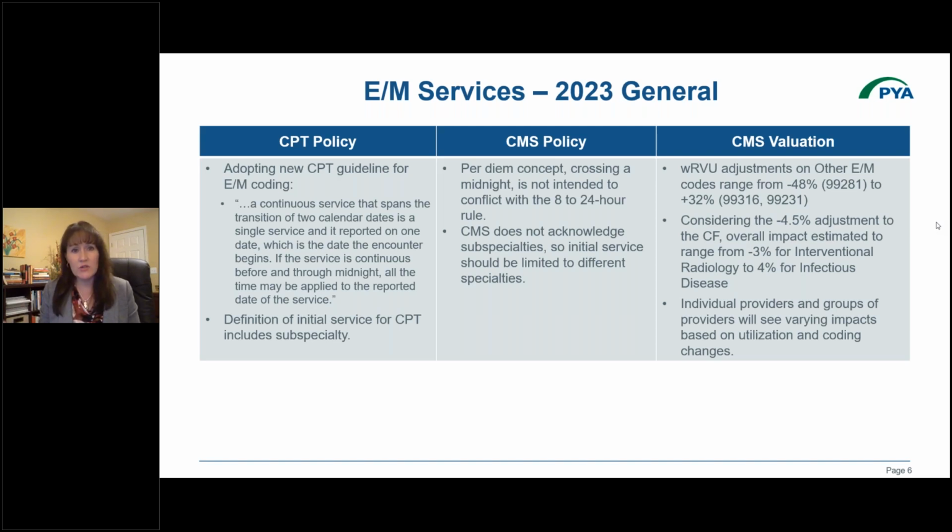So monitor these changes over the year as they are implemented, as the education is provided for E&M services, and as you find that the physicians fully understand these concepts, hopefully you will then see a change in the coding, which then may impact revenue further.